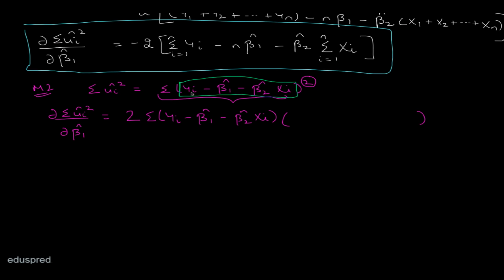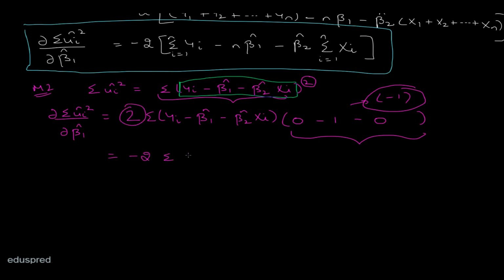So when you differentiate this with respect to beta 1 hat, you're going to get 0. The differentiation of minus beta 1 hat will become minus 1, and the differentiation of minus beta 2 hat xi will also become 0. So this second term is 0 minus 1 minus 0, so basically this is nothing but minus 1, and if you multiply minus 1 by 2 you get minus 2.